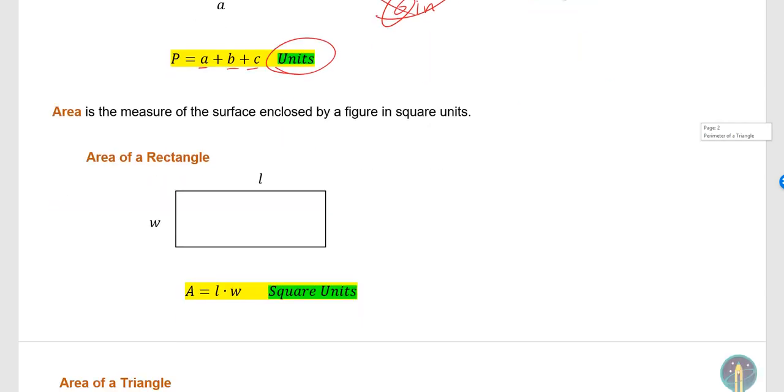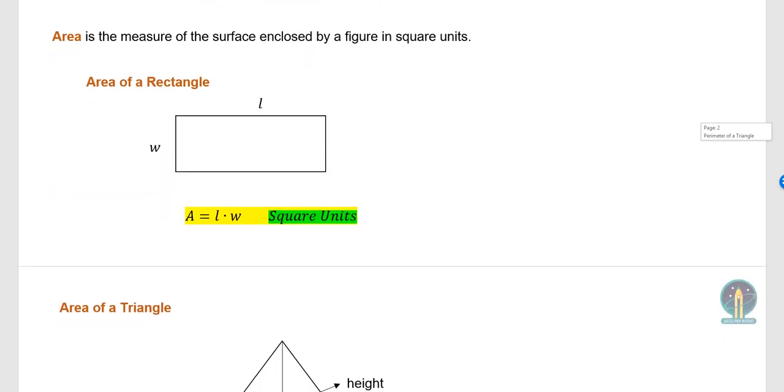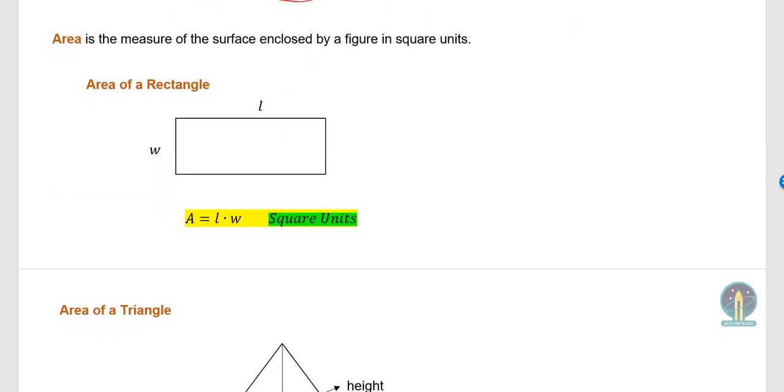Now, finding the area. The area is a measure of the surface enclosed by a figure in square units. So the area of a rectangle is a measure of the surface that the boundaries of the figure are enclosing.